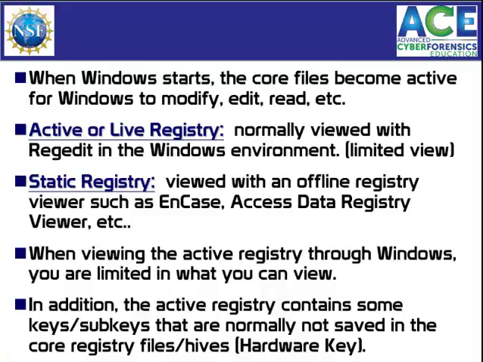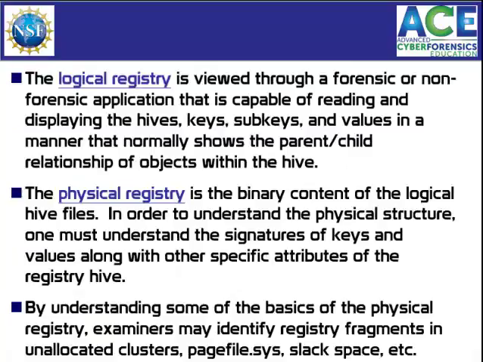So when we refer to the logical registry, we're talking about viewing it through a forensic or non-forensic application that's capable of reading the hive files, the keys, the subkeys, the values, and so on, and the parent-child relationship that exists between those items within the registry. On the other hand, the physical registry is the binary content of the logical hive files themselves.